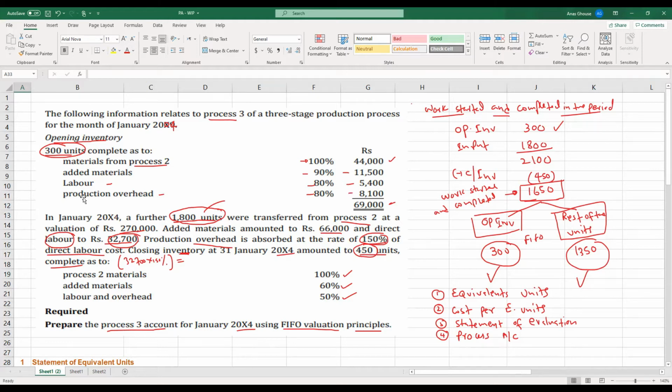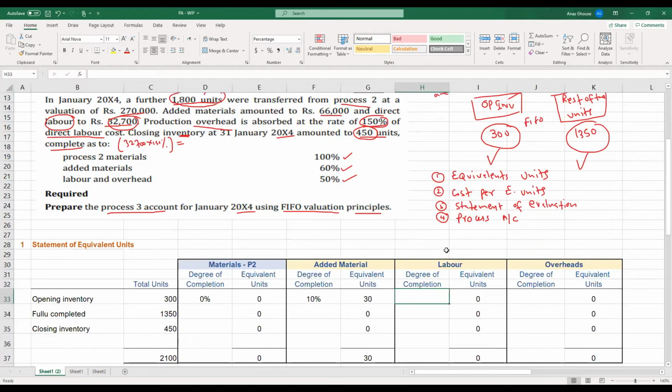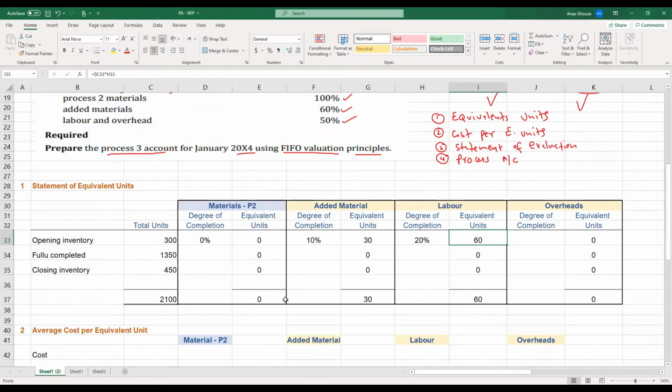Production overhead also 80% completed, so 20% to be completed. So we take the material degree of completion as 0%. Added material, 10% on 300, will be 30 units. Labor, 20 times 300, and overhead 20%, so the equivalent units will be 60 units.